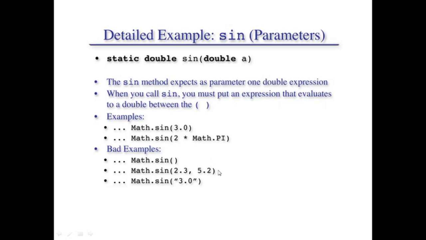These two examples are okay, they are clear, they will run, and they will not introduce any kind of error or problem. But what about these? Math.sign without any argument. This is not acceptable, because the sign method is defined to have definitely an argument of a double type, and here we are not passing any argument.